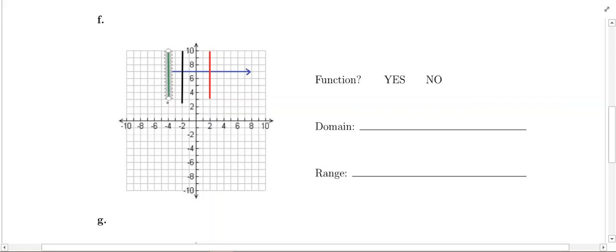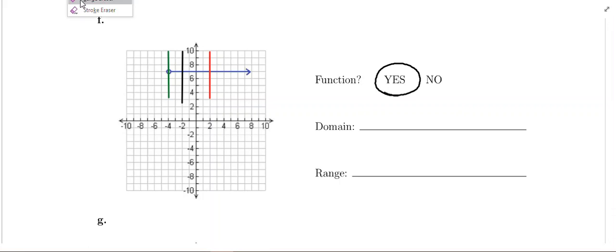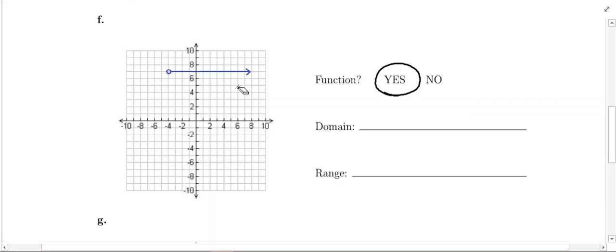So technically the vertical line does not intersect the blue graph. So no matter where we draw our vertical line, it hits the blue line in at most one point, so this is a function.